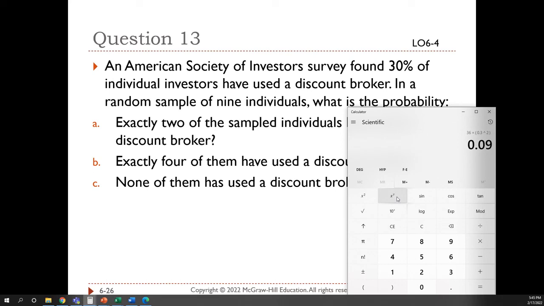And finally, we take this, multiply our rate, our pi, the percentage basically, 1 minus 0.3, and that's going to get raised to 9 minus 2.